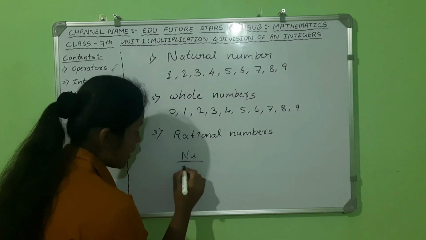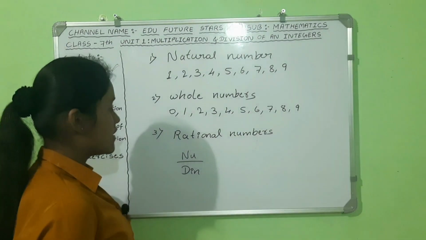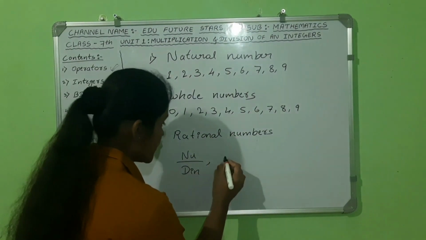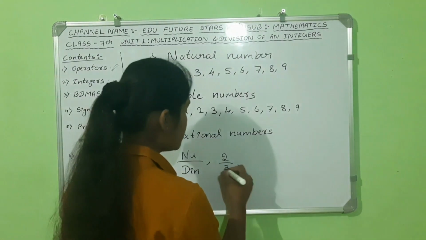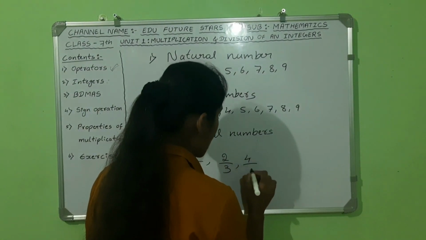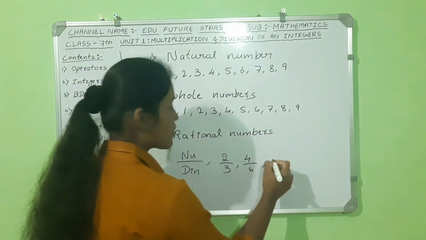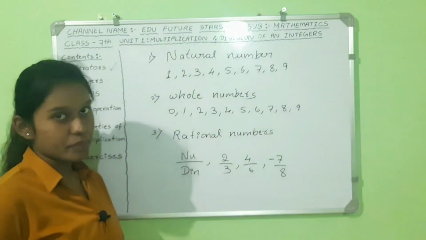This is the format of rational numbers. I'll give some examples: 2 by 3, 4 by 6, minus 7 by 8, etc.